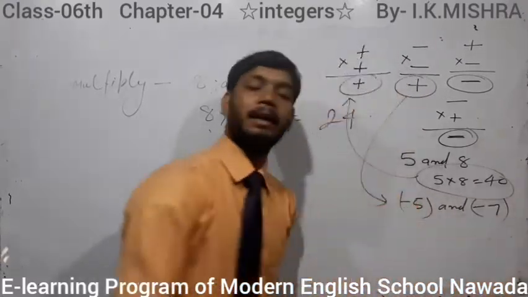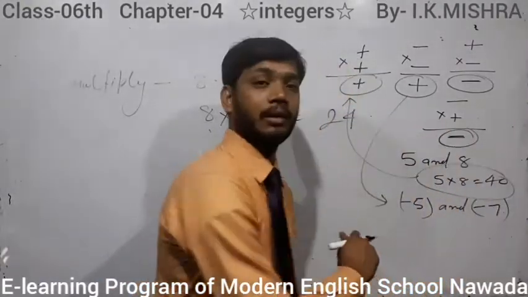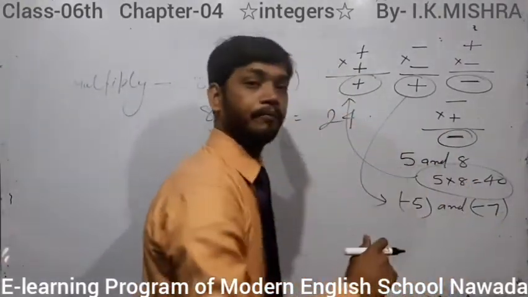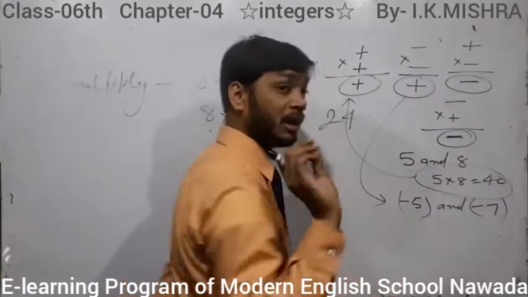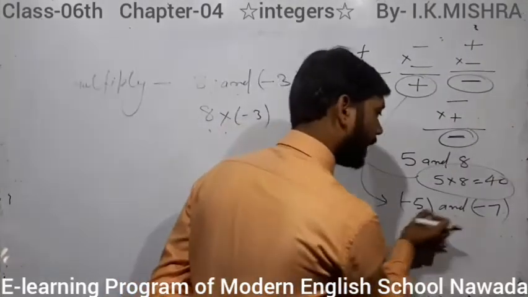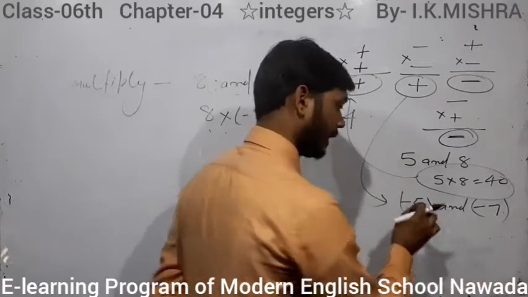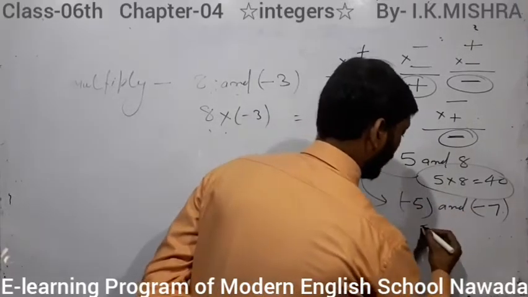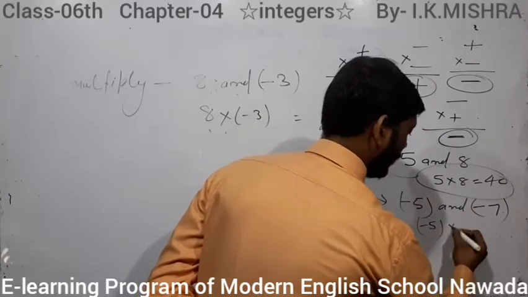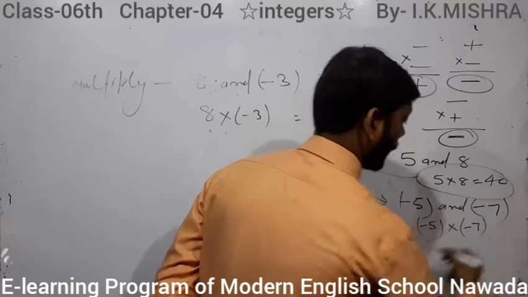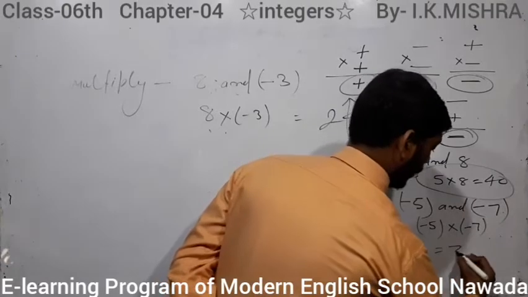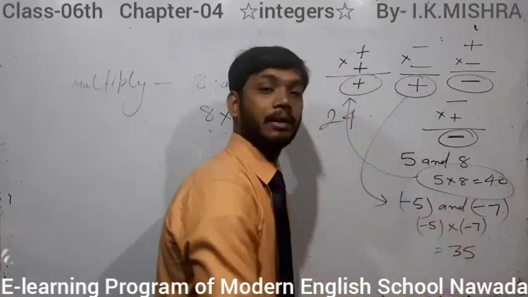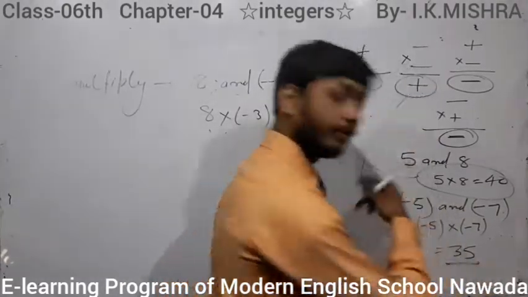Here two integers are given and both are negative integers. Both have the same sign, negative, so the result is positive, but you have to multiply the values regardless of the sign. So minus 5 into minus 7 is equal to 35, that is plus 35, and the plus is hidden here.